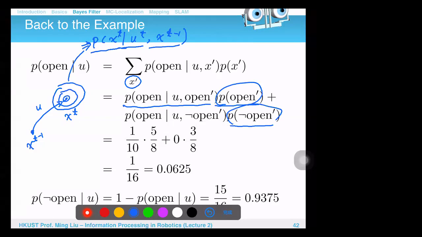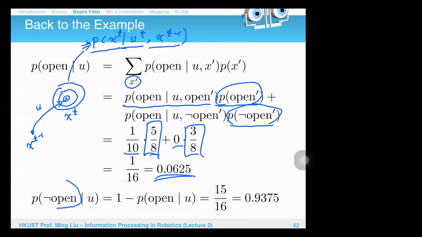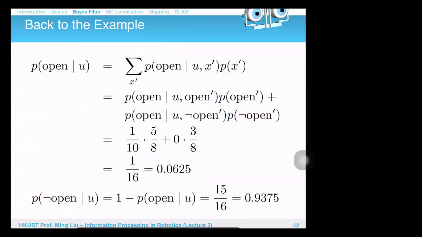When you sum over all the previous x_{t-1}, we can use that to infer the current state. Then we plug in all these probabilities. You have this from the graph, and these two from a prior or from the sensor reading, and finally you get this probability. The second one is P of not open given u.